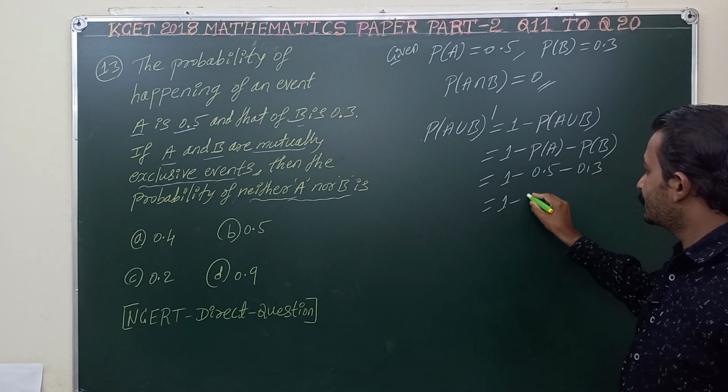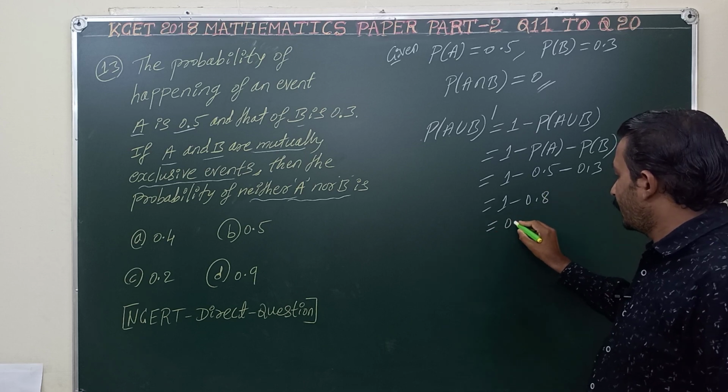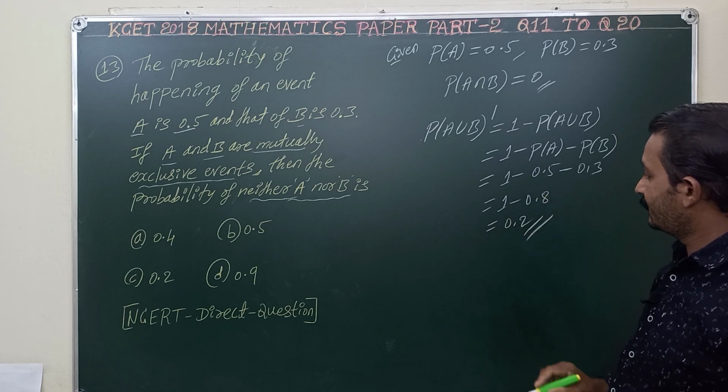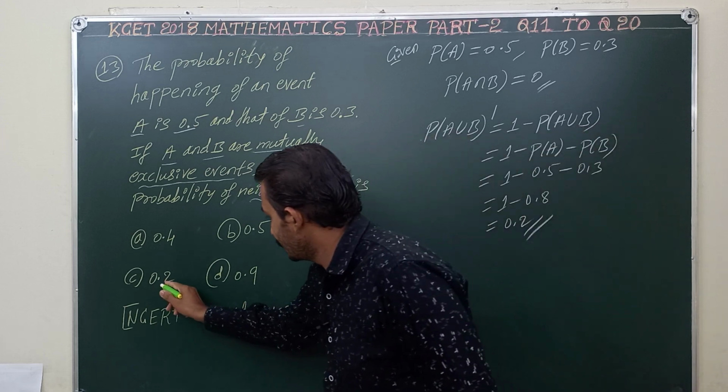So 1 minus 0.8 becomes 0.2. So the required answer is 0.2. In this case option C is correct.